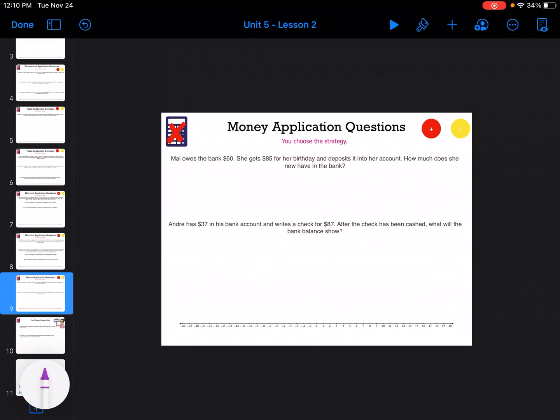All right, so the last thing we're going to talk about are money application problems. So if I owe money to the bank, that's a negative sum, so I have negative 60. If I get $85, that's a positive 85. So she deposits it into her account. How much money does she now have in the bank account? Well, one thing I know is that if I have my 85, right?